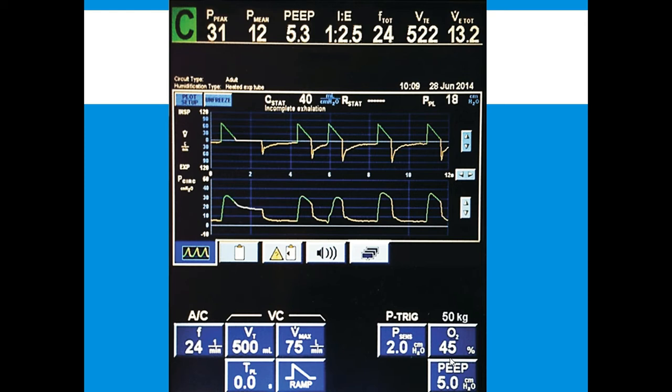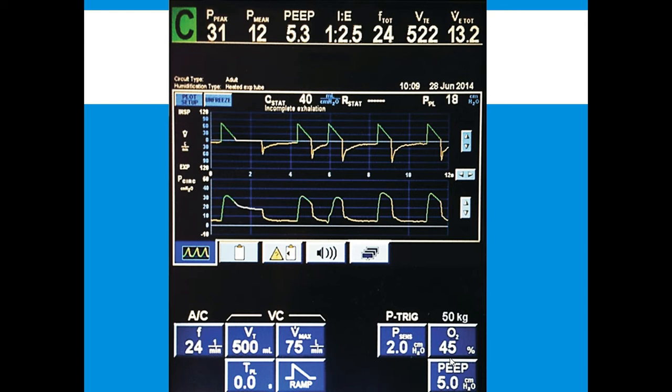A typical calculation, which physicians and respiratory therapists would do, is 6 to 8 milliliters per kilogram. So if a patient weighs 75 kilograms, they'll be set to receive 450 mLs tidal volume. If it's set too high, we can overinflate the patient.